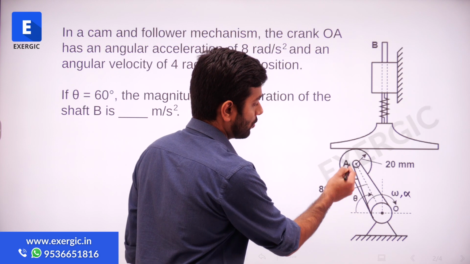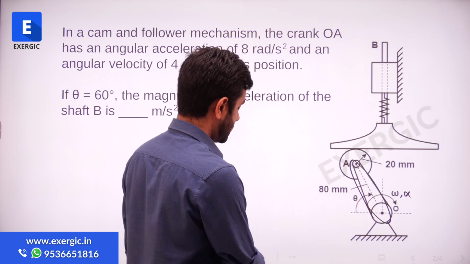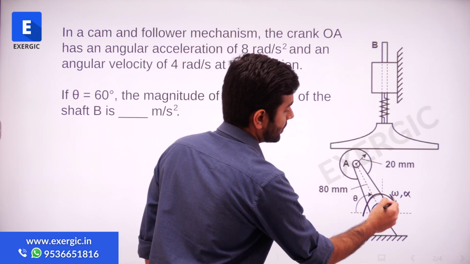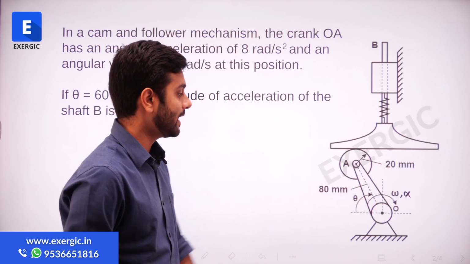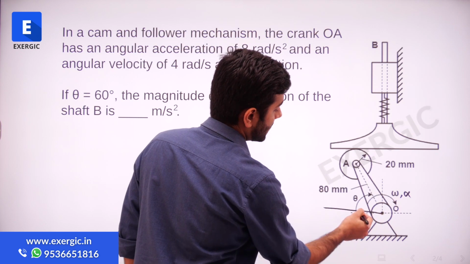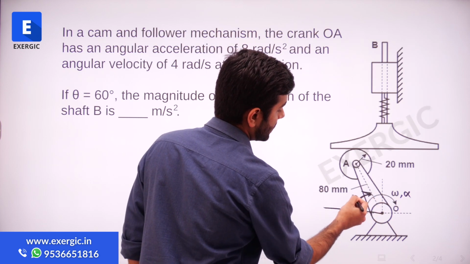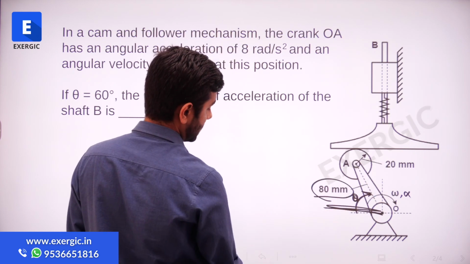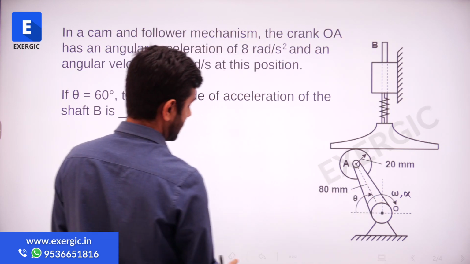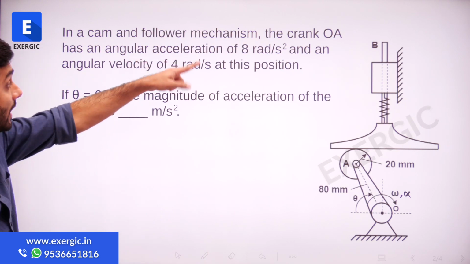So this is the crank OA, which is rotating with an angular velocity of omega and angular acceleration of alpha. This is the line from which angle theta is measured, and the length of this crank is shown as 80 mm.